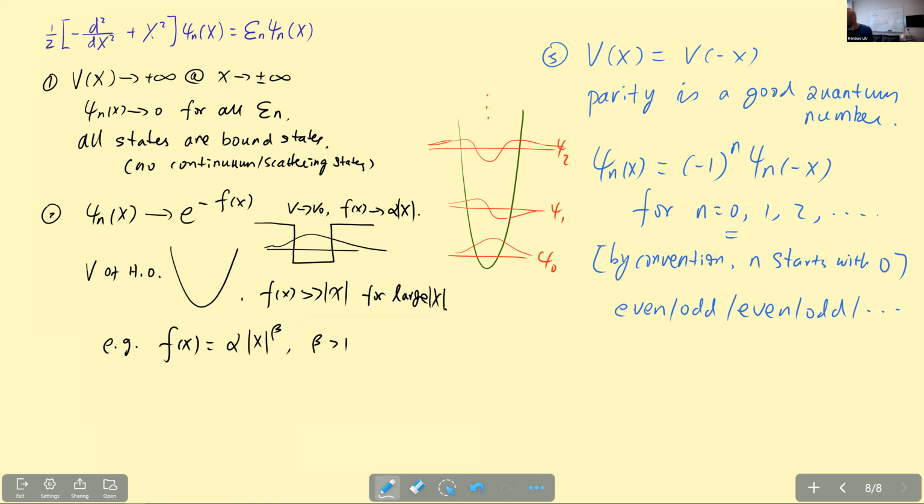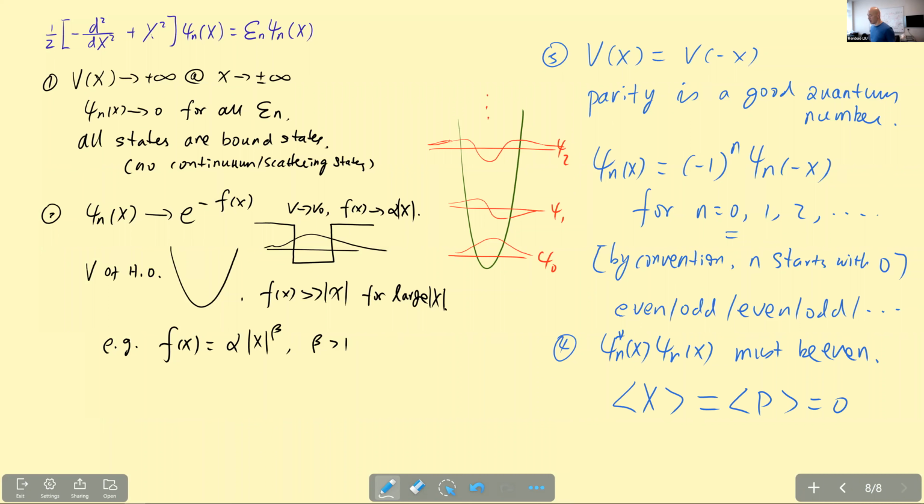And also, because they are even functions and odd functions, ψ_m(x) times x times ψ_m(x) must be an odd function, right? So this means the expectation value of the position must be 0.